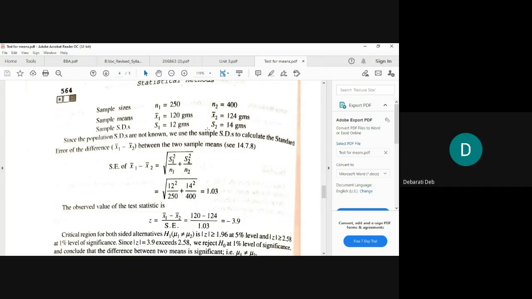Write down the formula from your screen, please. SE of X1 bar minus X2 bar equals, put a big root over, and under the root you write S1 square by N1 plus S2 square by N2.